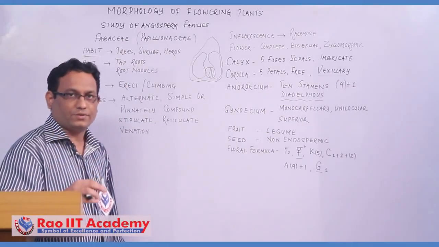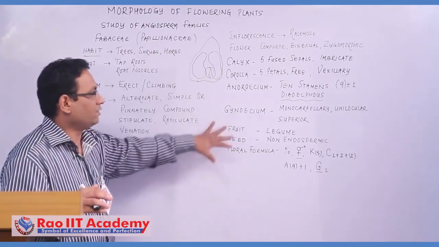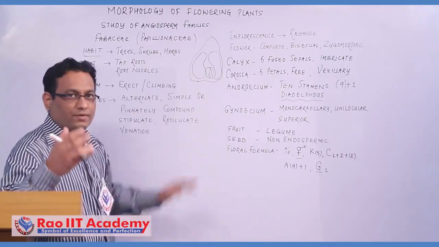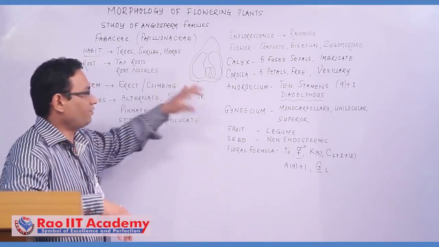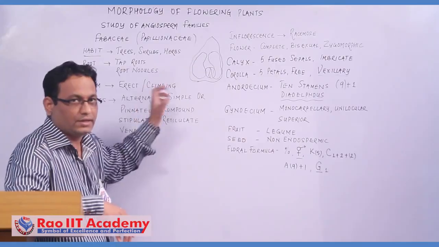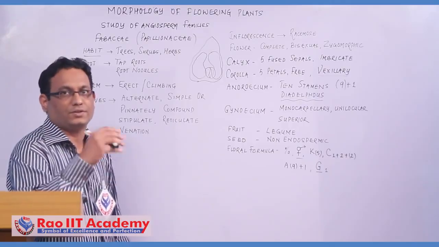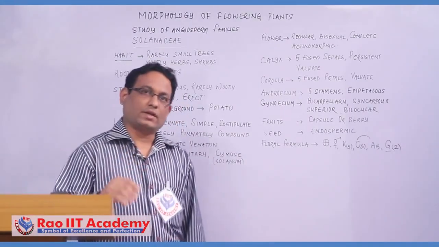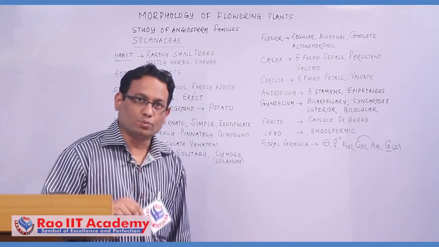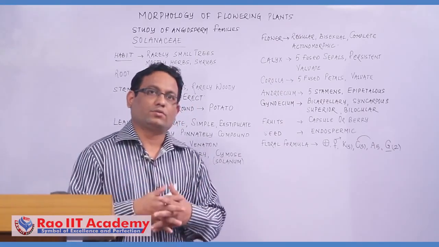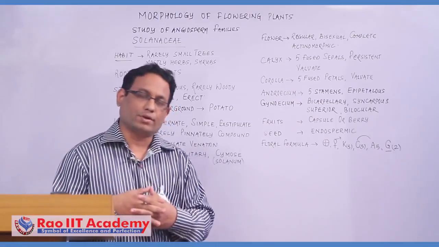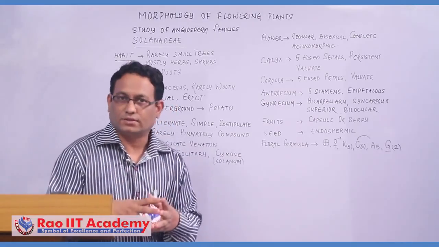Now, as we have understood all these features and how to describe a family, after Fabaceae, let us take up the next dicot family, which is family Solanaceae. As we have understood one taxonomic family from the dicot group, Fabaceae, let us now try to understand another example, wherein we study family Solanaceae.